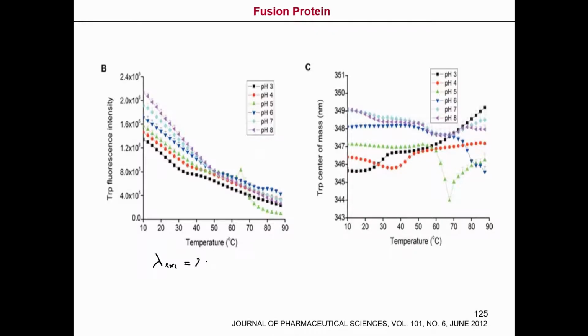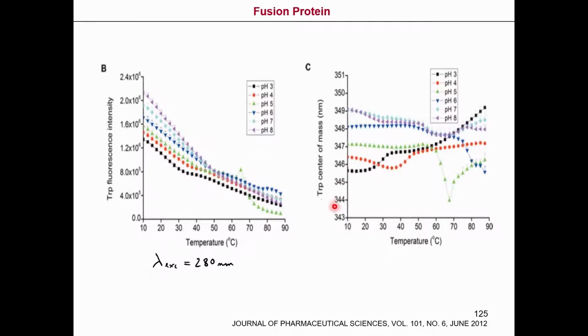Yes, 280 nanometer. Okay, and we measure the intensity of this fluorescence against the temperature. We observe a decrease of this fluorescence intensity, because when you increase the temperature, you increase the non-radiative decay.